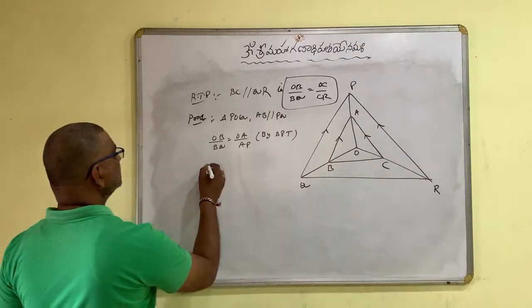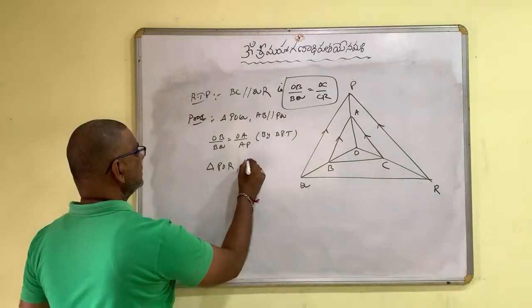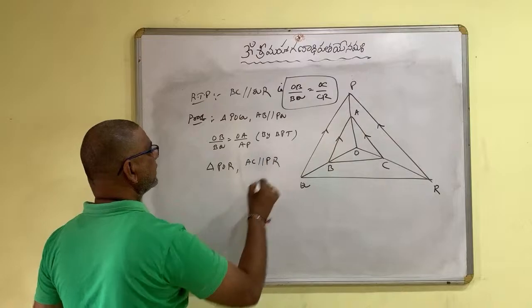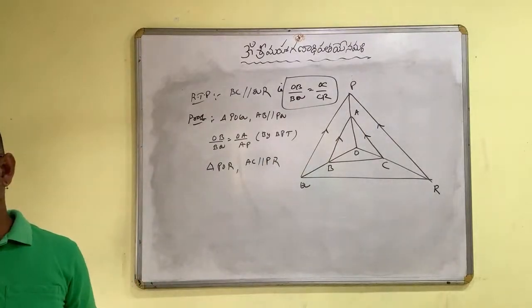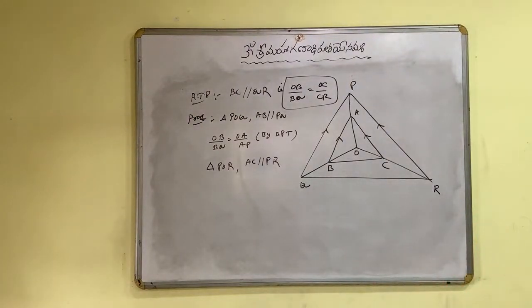Now triangle POR, AC parallel to PR. What to do? AC parallel to PR.